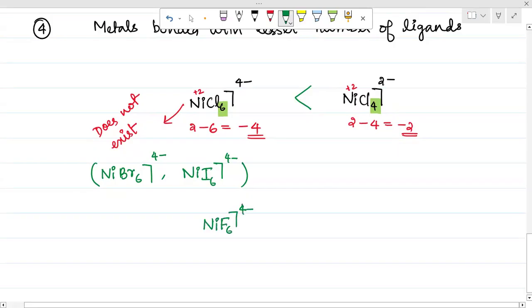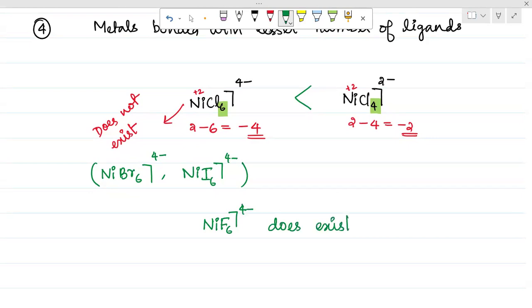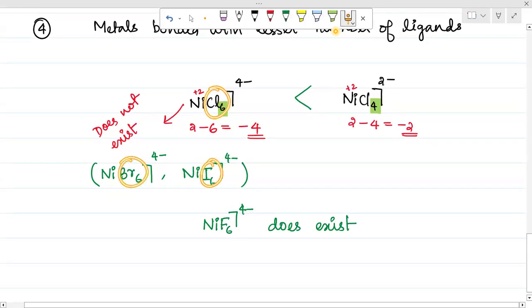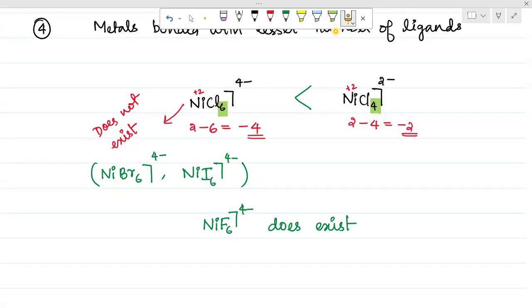But NiF6 4 minus does exist. Can you tell me why? We said that chloride, bromide, and iodide based nickel complexes do not exist, but the fluoride based nickel complex exists. Why? That is because fluorine is very electronegative.